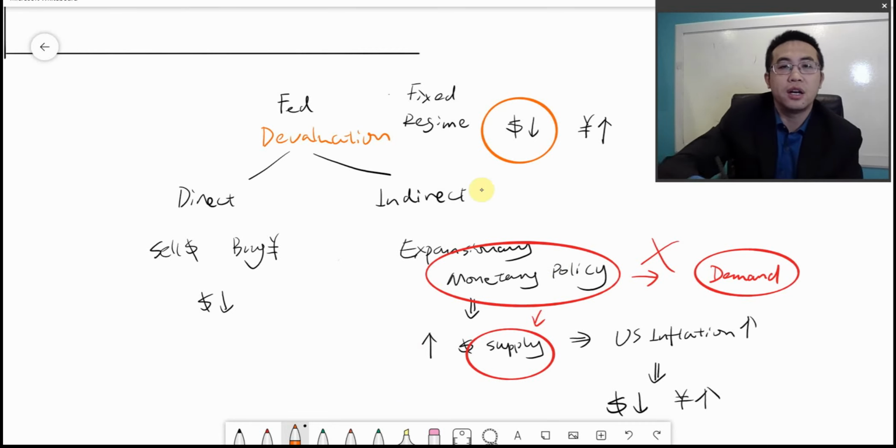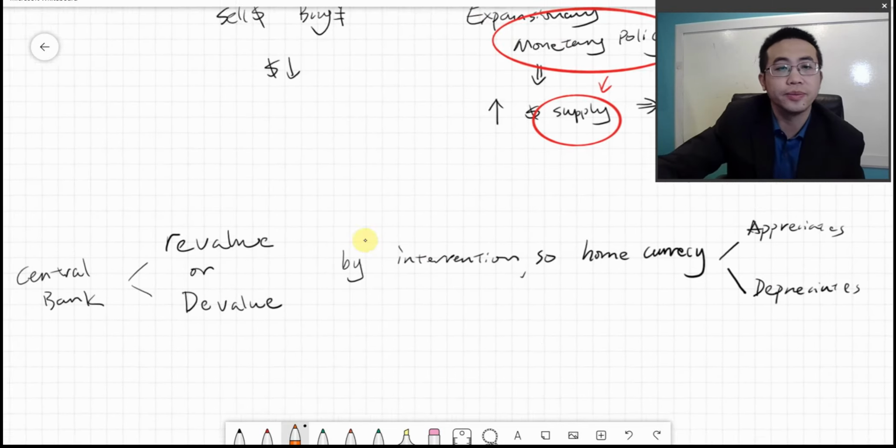If we want the dollar value to go up, the central bank would implement a revaluation policy to make the dollar value go up. And I have talked earlier that the central bank can either directly buy or sell the currency in the exchange market, or they can increase or decrease the supply of the home currency in the monetary market in their own country, of course.